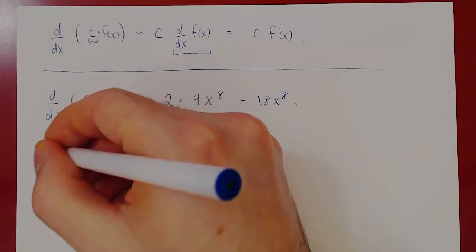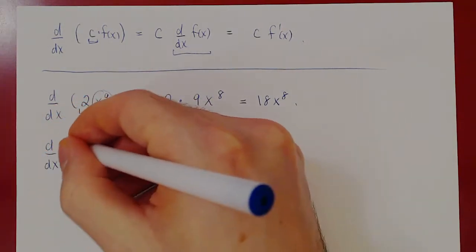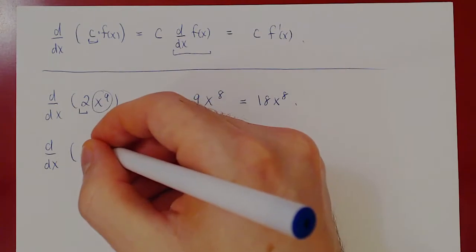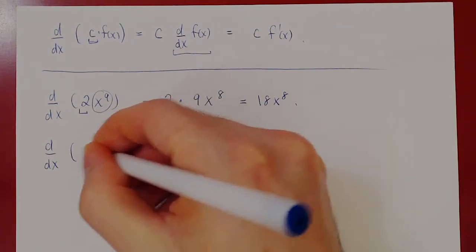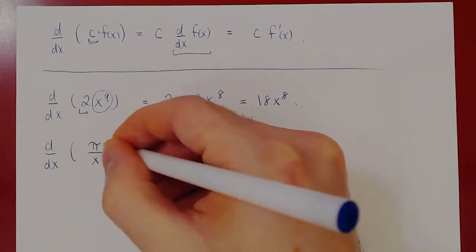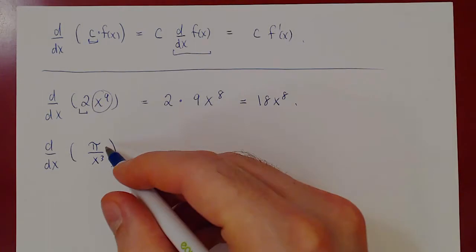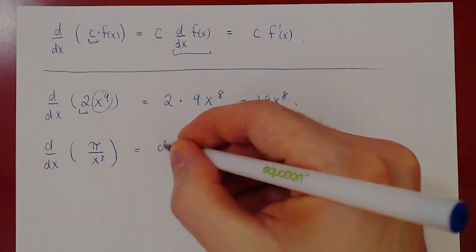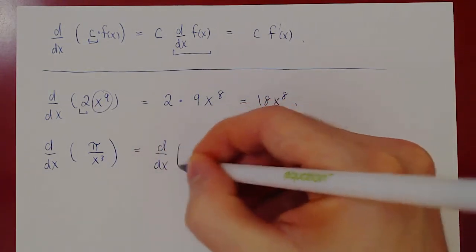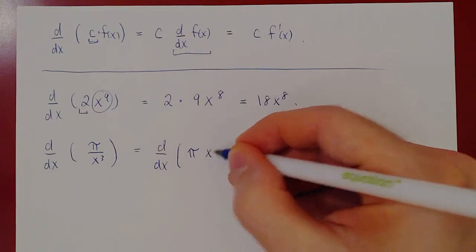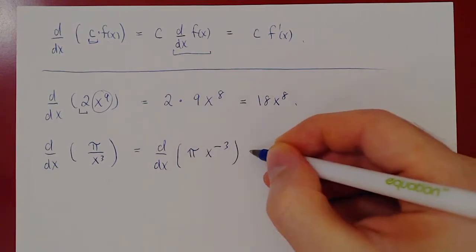If we have, say, the derivative with respect to x of pi over x cubed, well, here we have to manipulate, right? We have to use the power rule, so bring the x up, and this becomes the derivative of pi x to the negative 3.